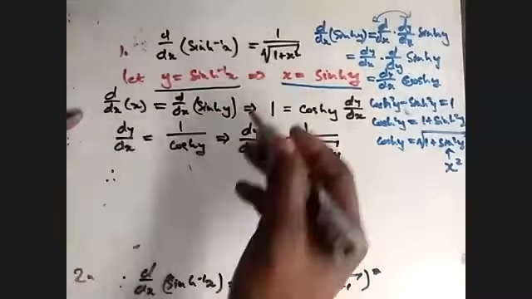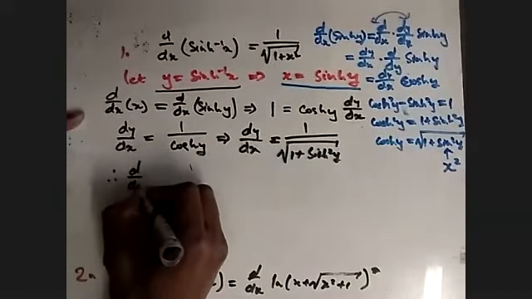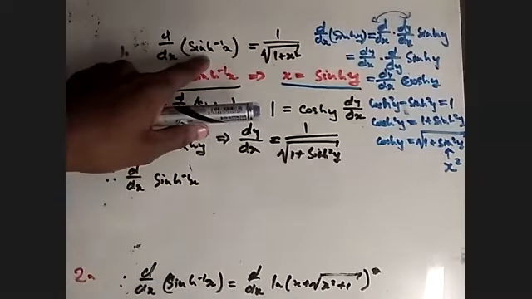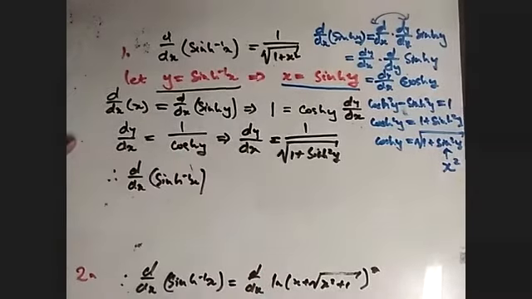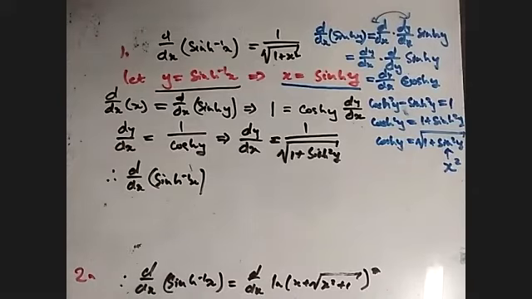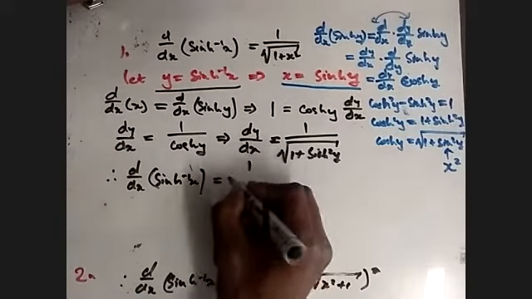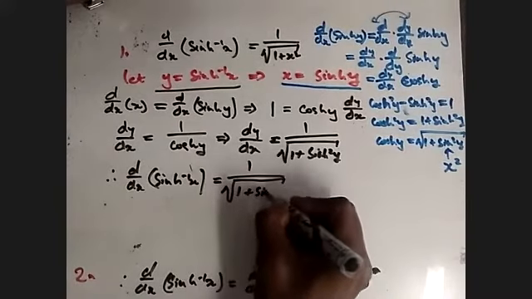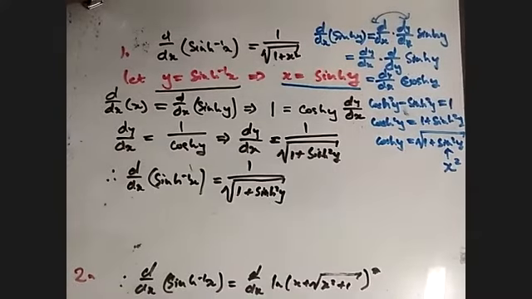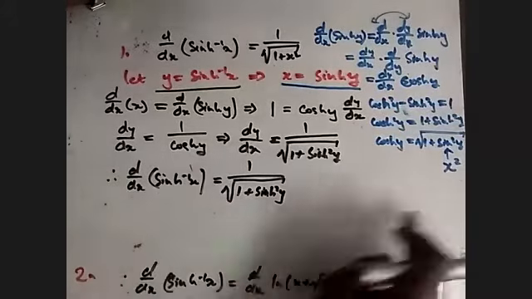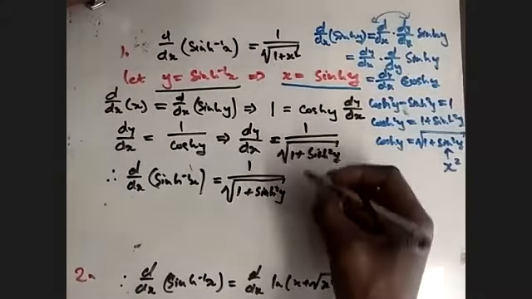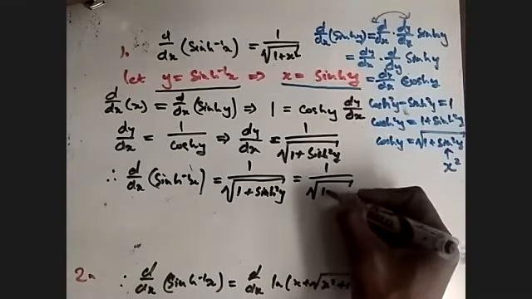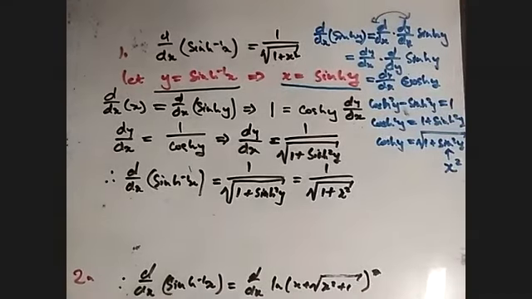Since it's arcsinh x, I'm going to write d dx of arcsinh x, which is already what we are looking for. This will be equal to 1 over the square root of 1 plus sinh squared y. But sinh squared y is written as x squared. Then I can simply rewrite this as 1 over the square root of 1 plus x squared.